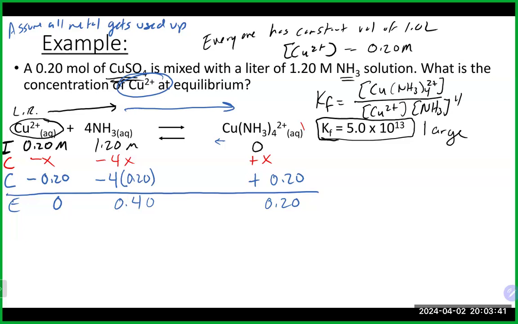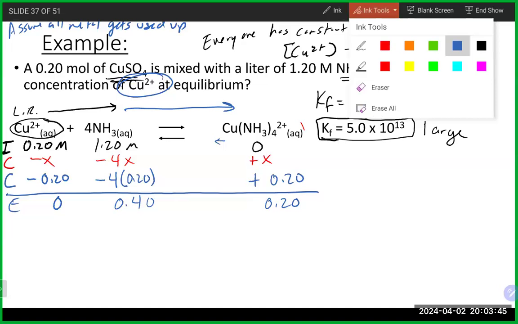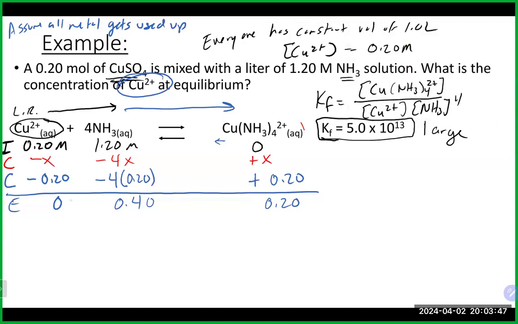So let's see how we could get to that. Although we zeroed out the metal here, we could go back and say, we actually do want to solve for it at this point and see how much of it is still free in that solution. That is where our KF expression is going to come into play. We're going to take our KF, which is 5 times 10 to the 13.